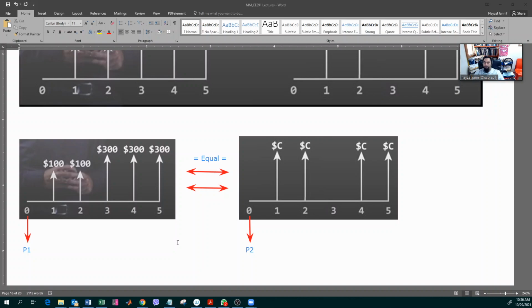All right, now let's look at the left hand side. For the purpose of this problem, P1 should equal P2. That's what we're saying over here. Now, how are we going to do that?